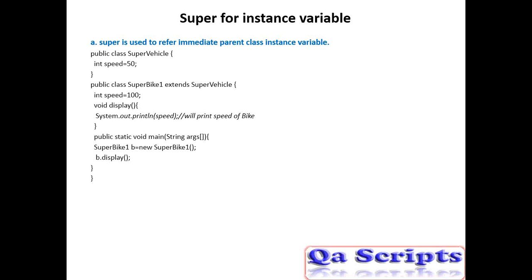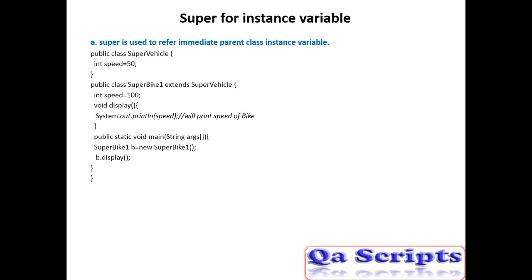Later, I will have a main method inside it. In the main method, I will create the object of the child class. Here the child class is superbike1. So using that I will create an object. Here I have now defined superbike1 b equals new superbike1.